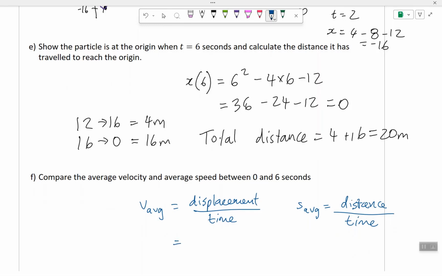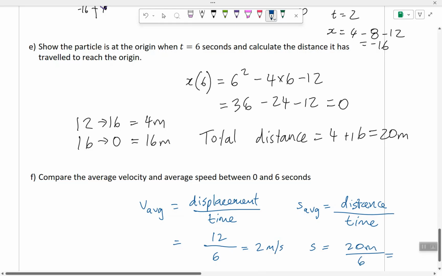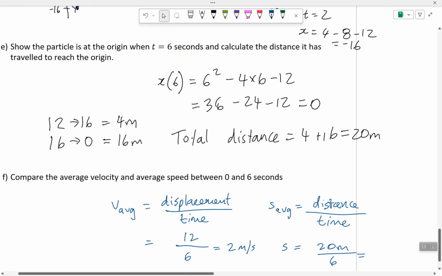So like I said before, we are displaced 12 meters over 6 seconds. So that's why it's 2 meters per second. Our speed, we traveled a distance of 20 meters over 6 seconds. So that's 3 1/3 meters per second.